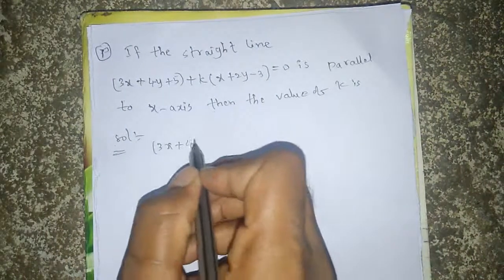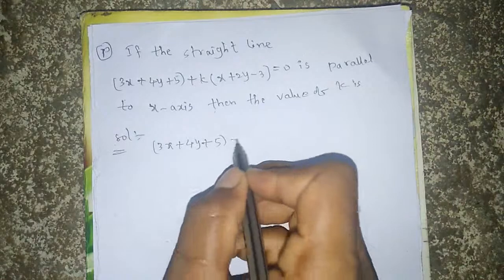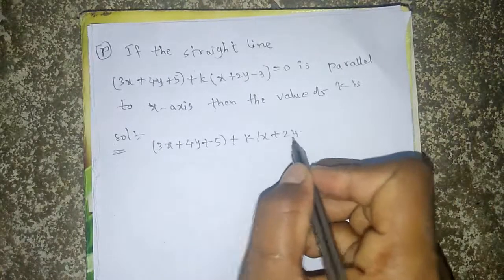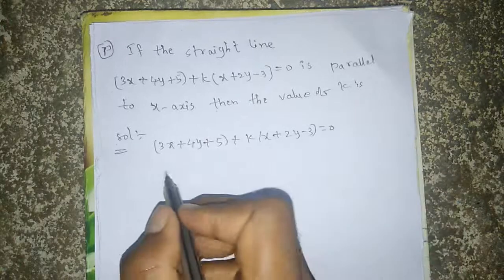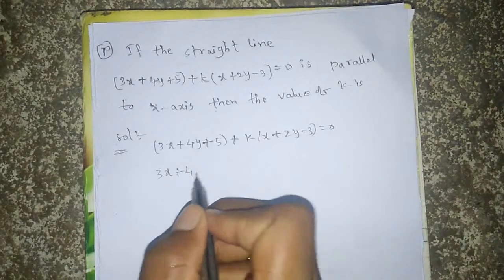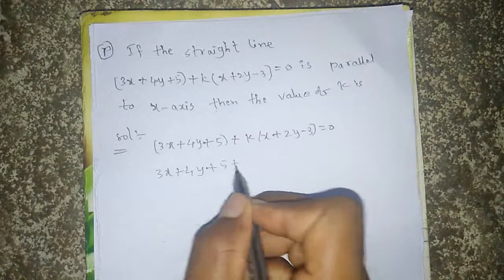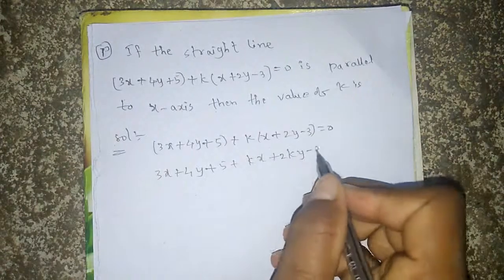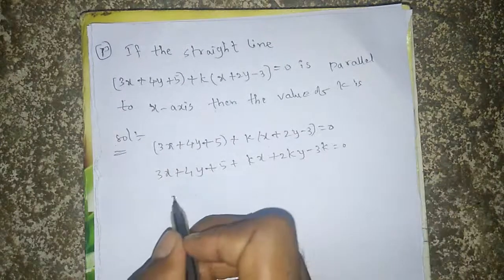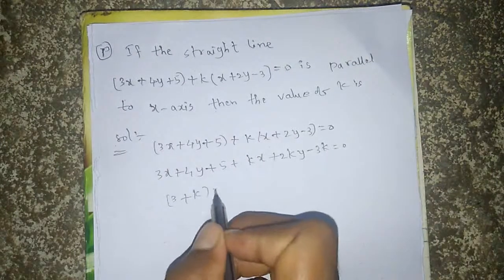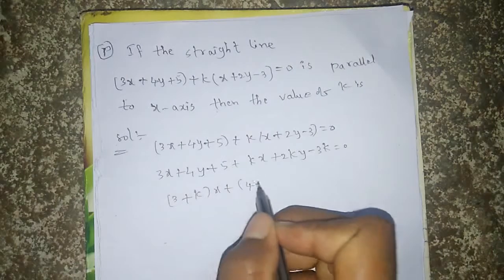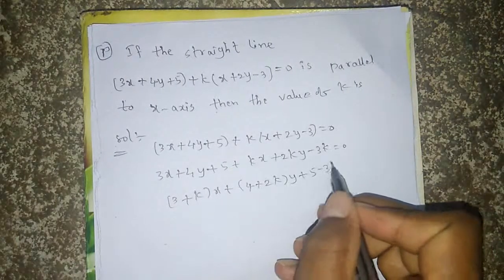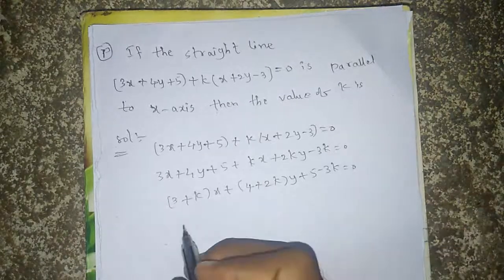3x + 4y + 5 + k(x + 2y - 3) = 0. That is 3x + 4y + 5 + kx + 2ky - 3k = 0.